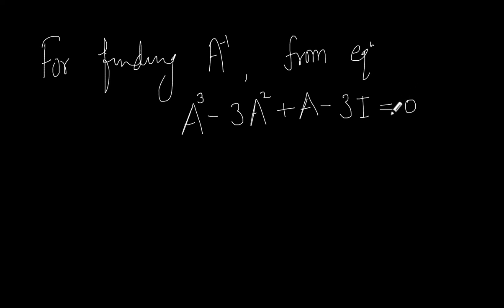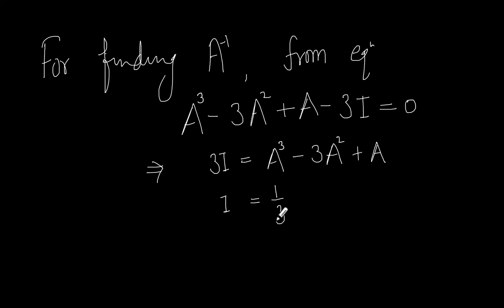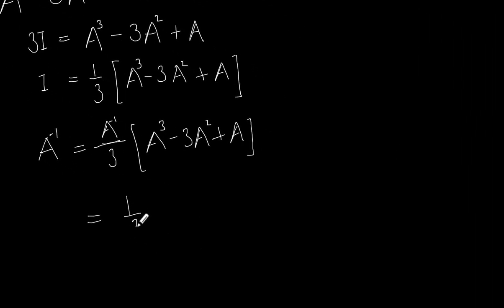We can rewrite this as 3I is equal to A cube minus 3A square plus A. So I is equal to 1 upon 3 times A cube minus 3A square plus A. Now multiply by A inverse. We will have A inverse is equal to 1 upon 3 times A square minus 3A plus the identity matrix.